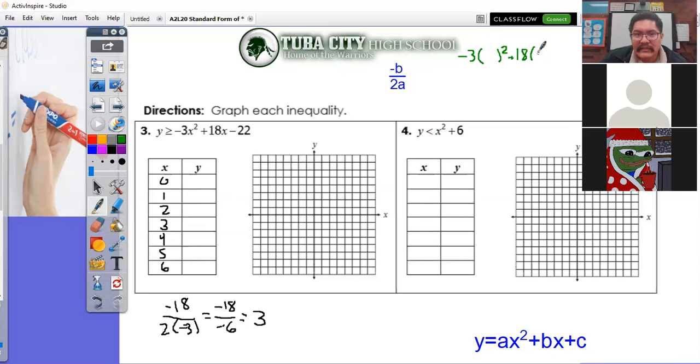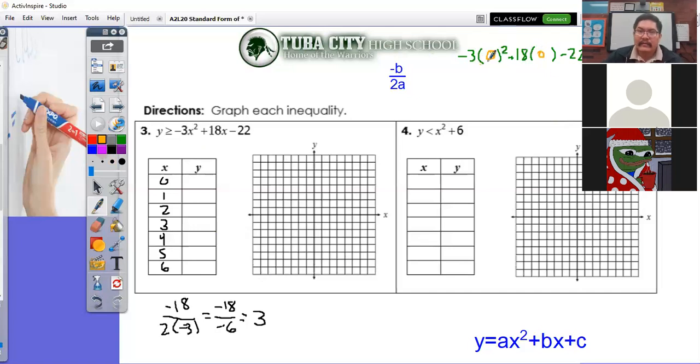So parenthesis, and let me make it a little bit bigger so I can write stuff in there. -22. Now I'm guessing some of these will be off the graph, so we won't have all of them on the graph. So let's see what we get.